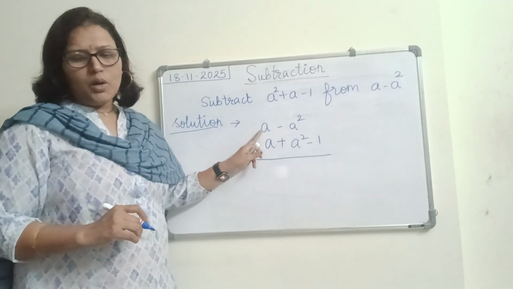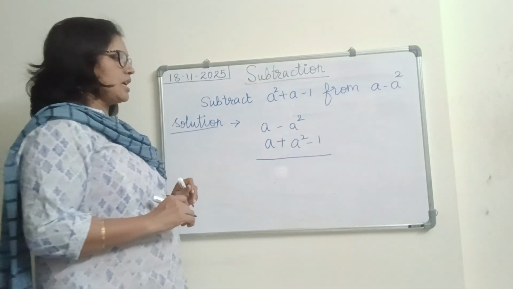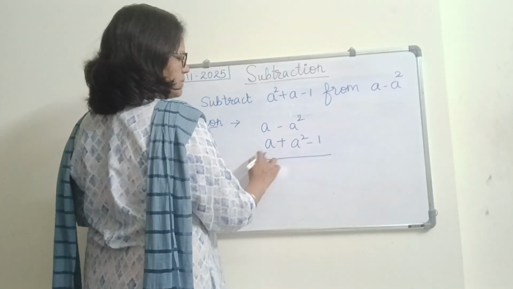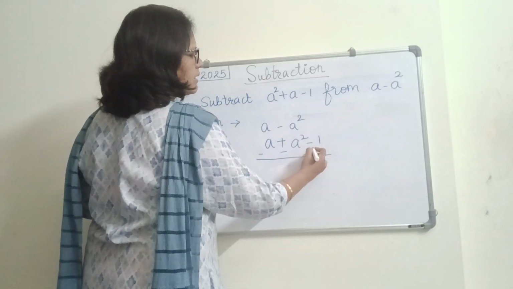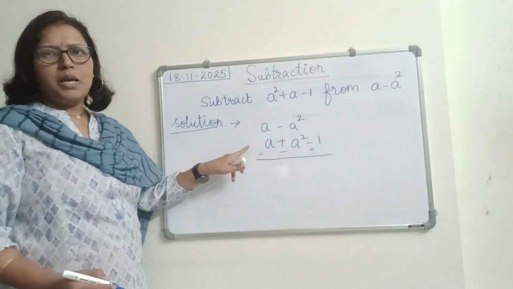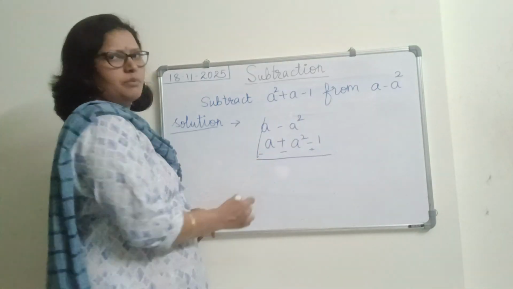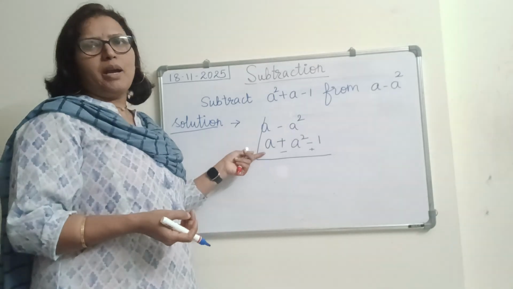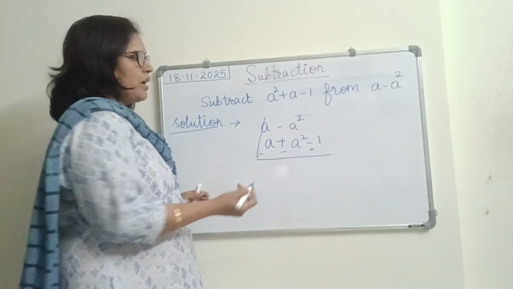Now you have to change the sign. This is minus, because here plus is there. This is minus, and this becomes a plus. Now you have to add. This is plus a minus a. It will cancel, because it is 0, because it is an additive inverse. a and minus a become 0.